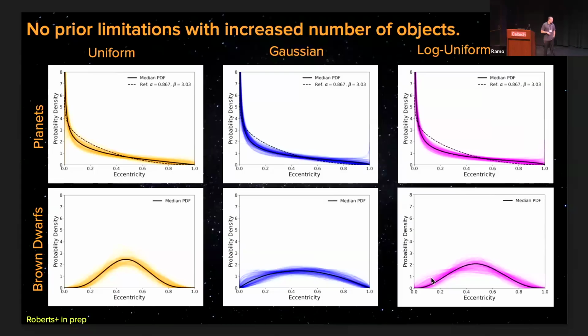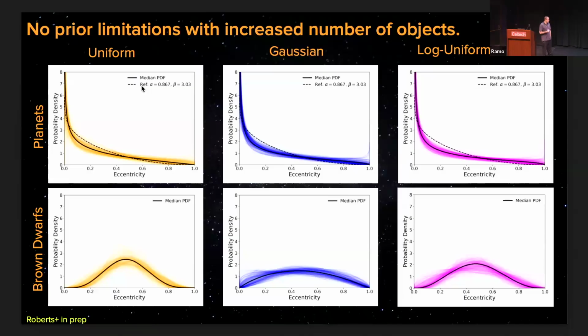So this is kind of the thinking, but I should also mention that in each of these 3 plots for the planets, this dashed line here is the alpha and beta for the Kipping 2013 result for the radial velocity planets. This makes sense, given that the radial velocity planets we see are closer in to their host stars, and so for the closer-in planets, the eccentricity distribution should match what we have, and they do.